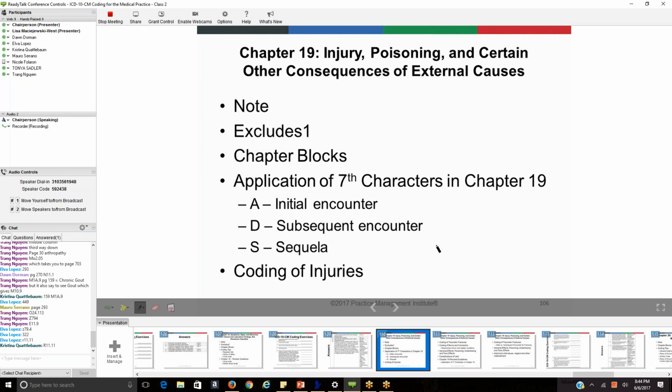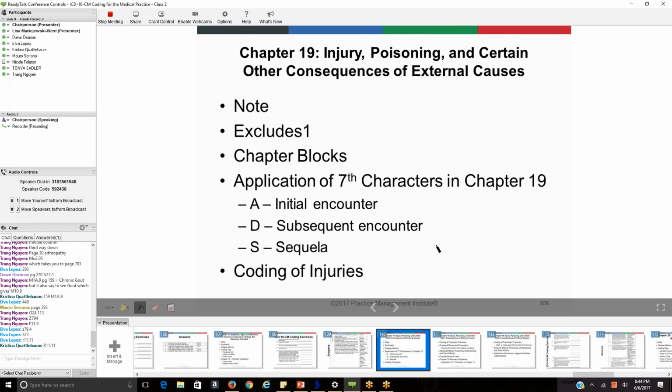And then you also have your T codes, which are injuries involving multiple body regions, T14 injury of unspecified body regions, and then T15 through 19 is effects of foreign body entering through natural orifice, like a marble up the nose, okay, is somewhere in there.